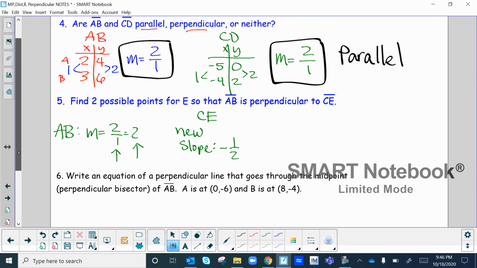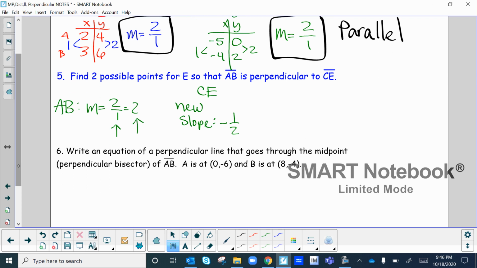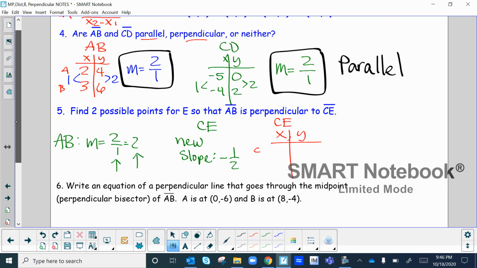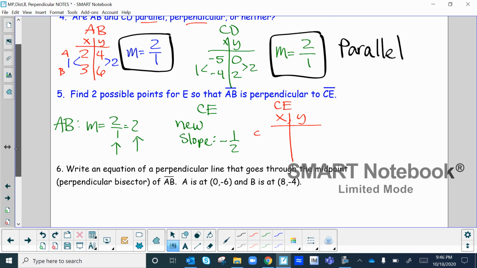So let's write it in table format, kind of like how we did earlier. So this is going to be CE x comma y, which we're going to make a table. And so C we know. So C is at, let me scroll back up, -5, 0.